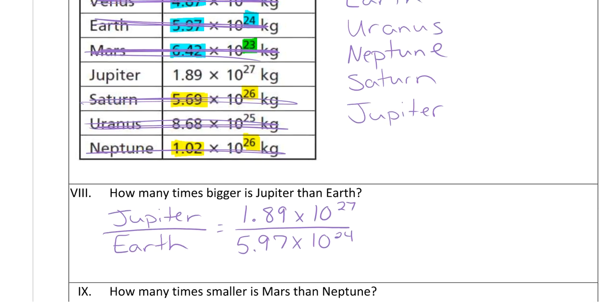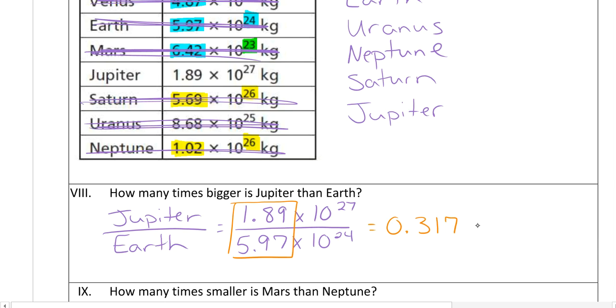Okay, and we're going to kind of break this up. So I'm going to look at my first significant digits here, and I'm just going to divide those. 1.89 divided by 5.97 gives us 0.31, and I'm going to round to the nearest thousandth, so 0.317.